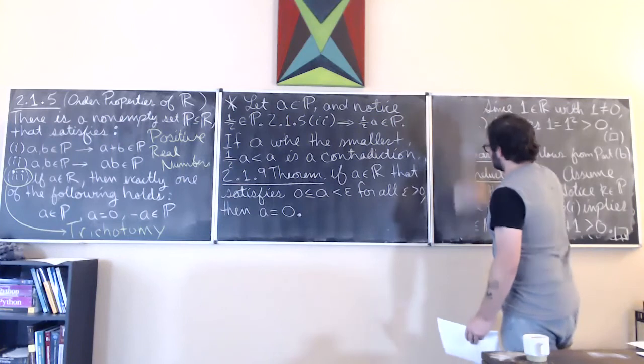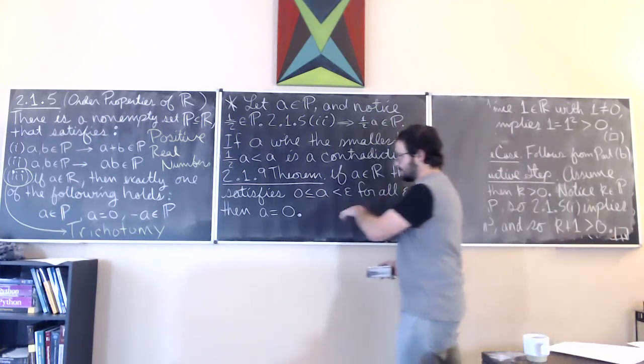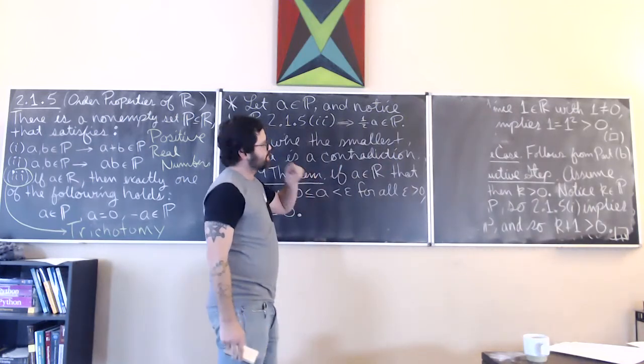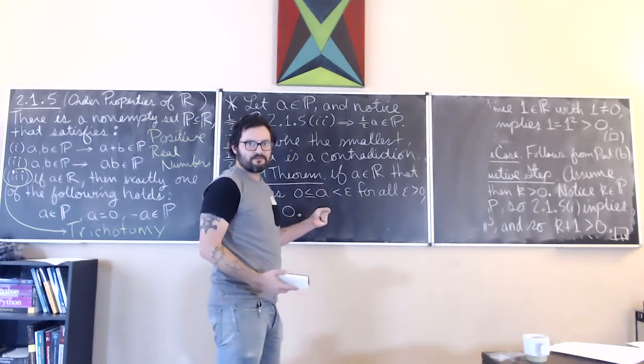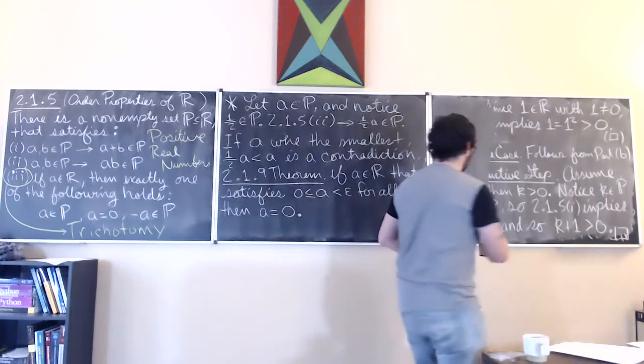So this theorem is telling us that it gives us a notion of equality when there isn't a smallest positive number.